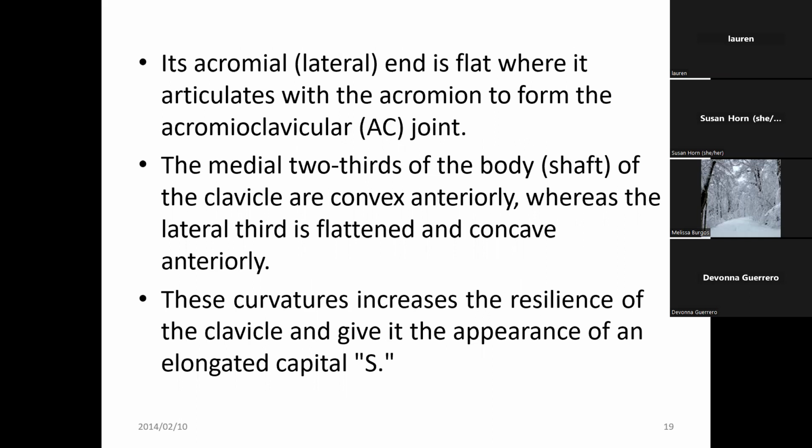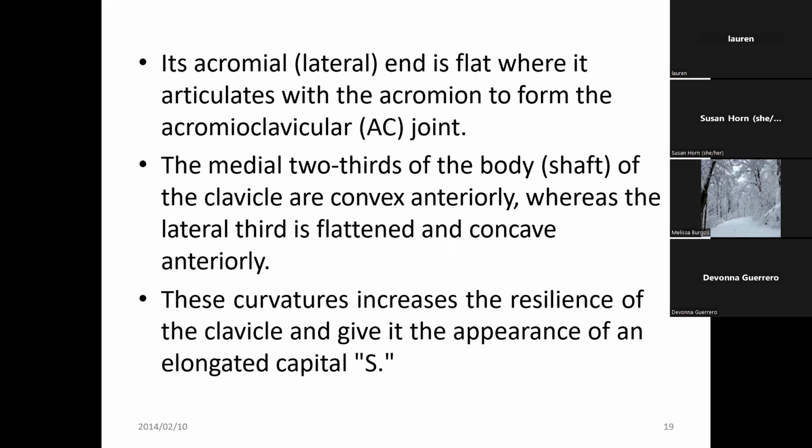Its lateral end is flat. So the clavicle has a little flat spot on the end of it where it articulates with the acromion of the scapula to create the AC joint.